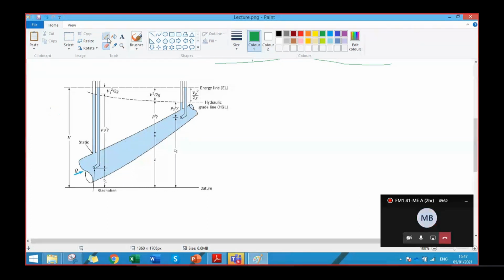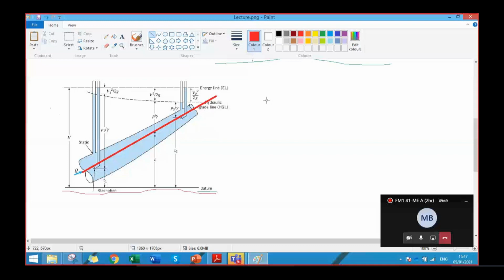This is the datum line, the horizontal line at the bottom, from which we will be measuring all the references. This center line, from this point to this point, is your flow line or the streamline along which we are applying the Bernoulli equation.